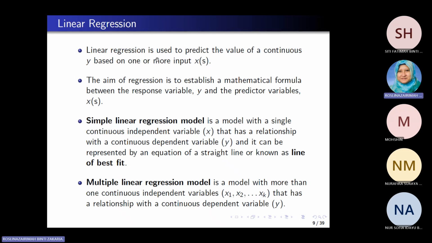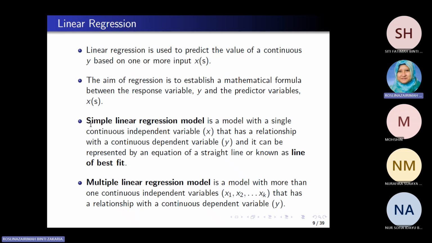Okay, linear regression is used to predict the value of a continuous y based on one or more inputs. So we have two types of regression. One is simple, that is whenever we have one continuous dependent variable against one continuous independent variable. So that is a simple linear regression model, and the model that we get is called the line of best fit.